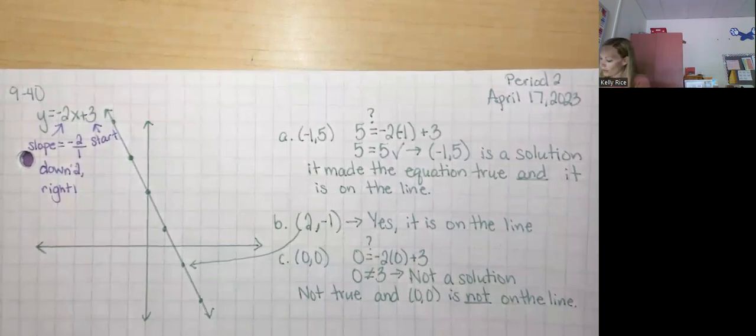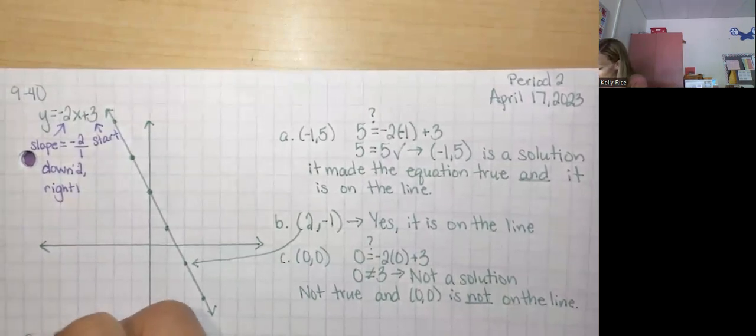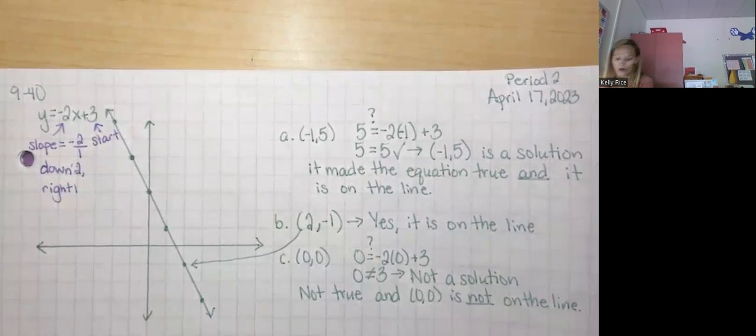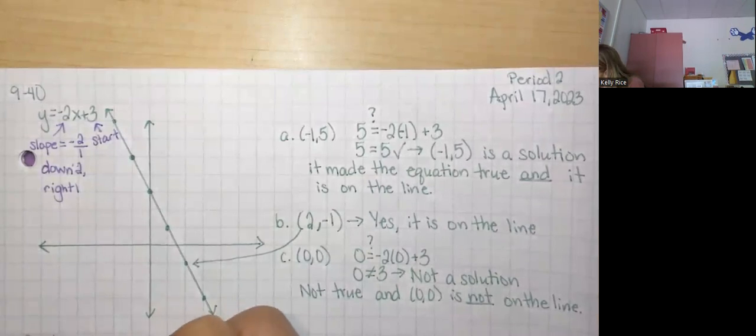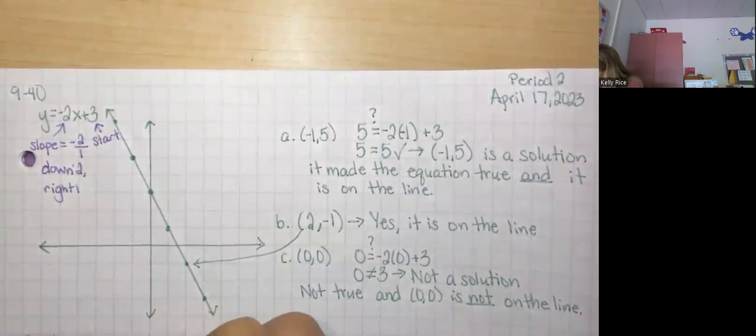But what about inequalities? Inequalities in two variables. We're going to turn to 9-41 in our notes.